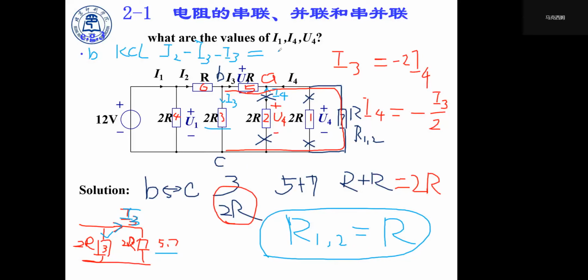They sum to 0. Then we can conclude that I3 equals half of I2, right? Do we copy? Do we copy this time? Yes, Lordship.